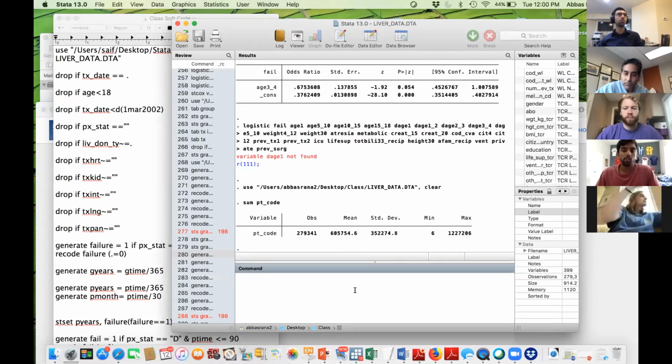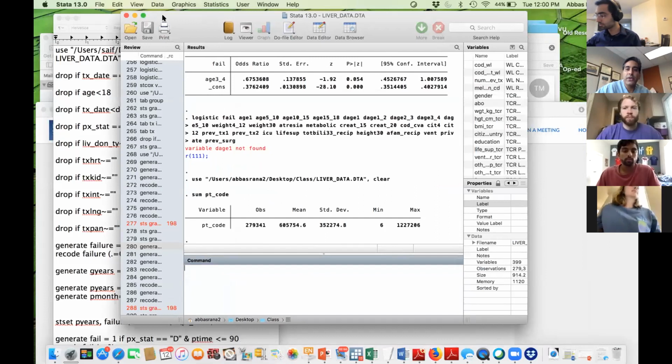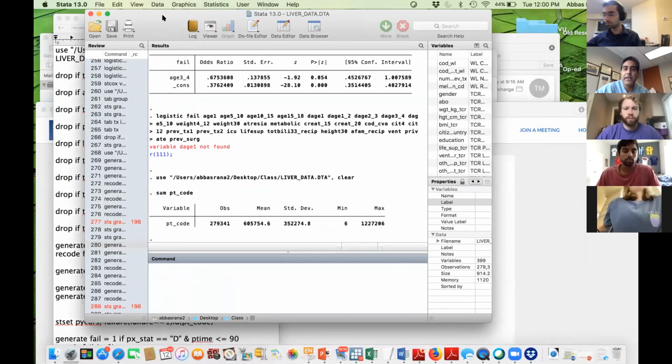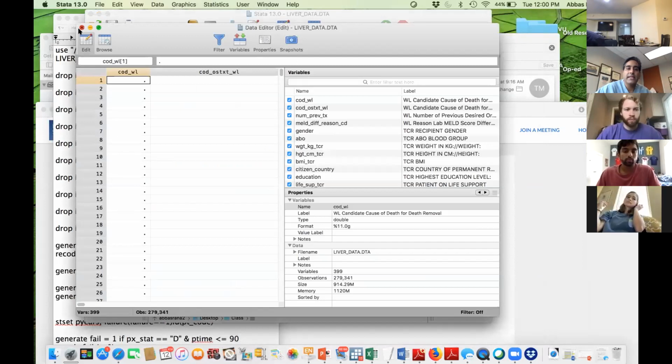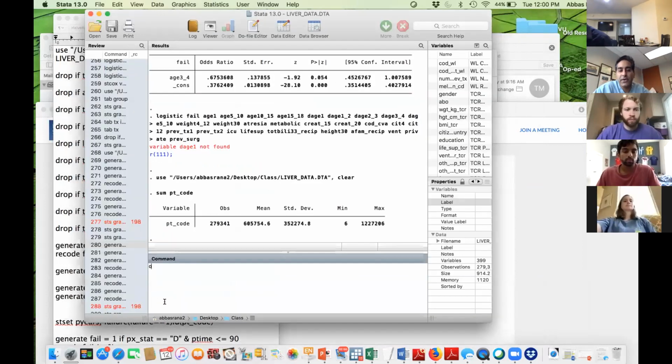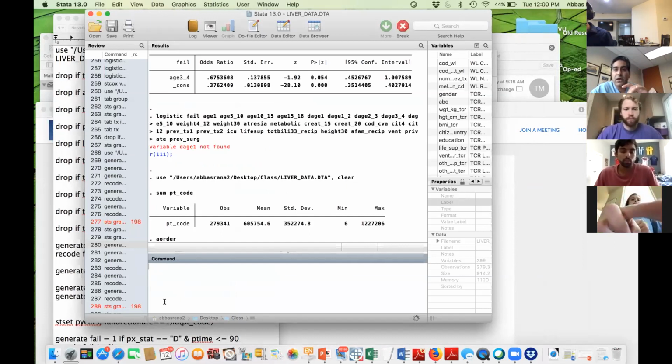So the first thing that I want to do to sort of understand this data is to kind of get a sense of all of the variables, and that was the homework assignment. So the first thing I always do is I alphabetize the variables, because the variables are very important. And so we are alphabetizing the variables here, and we're supposed to go through all of them.